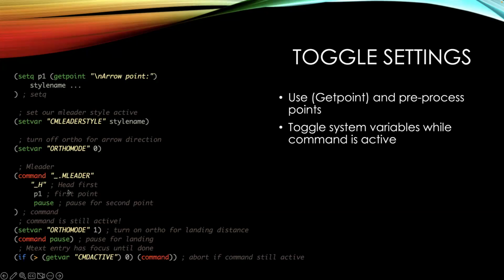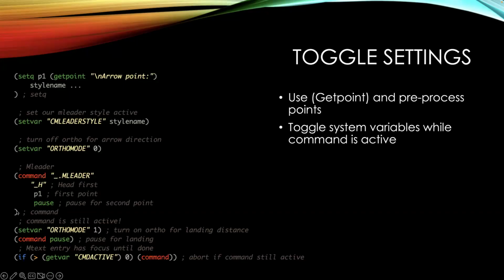And so you have to specify H to guarantee that that's set to the arrow first mode. Then we can feed it that first point that we acquired up here. And now here's this cool reserved word in AutoLISP, pause. And that's literally going to pause for user input for that second point of that leader arrow.